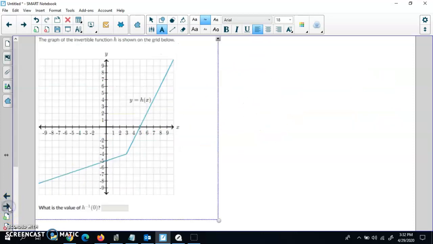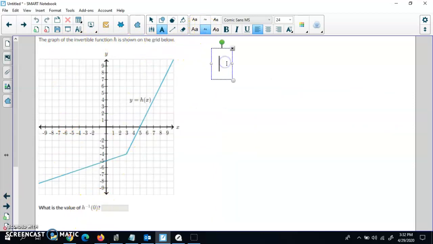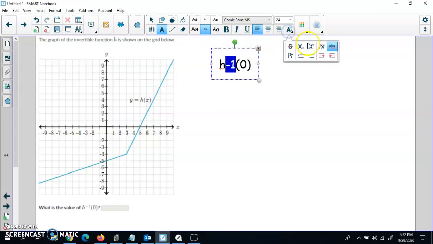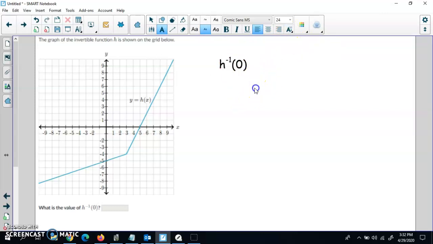All right, so the next type of question we had here: the graph of the invertible function is shown on the grid below. What is the value of H inverse of 0? So that says H -1 of 0, and let's talk about what that means. When we see this little -1, it is read as H inverse of 0.